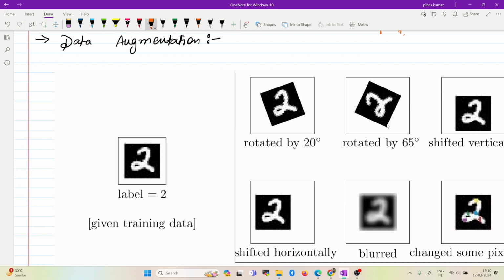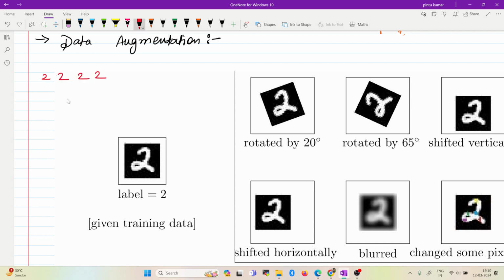The second problem, the example that I gave related to ChatGPT, is that there can be some variants of this training data set that we might encounter during testing. How do we overcome that? Here the example that the professor has taken is a data set containing 2's written.